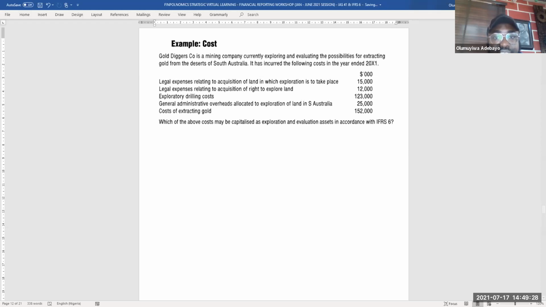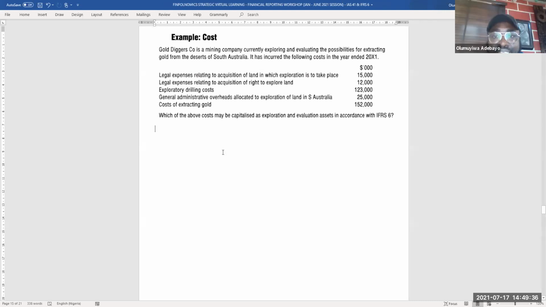Legal expense relating to acquisition of land. Should be expensed. No, before expense, I'm looking at the category of cost.